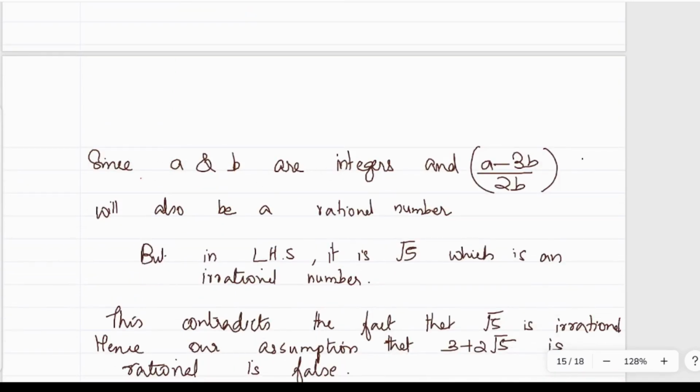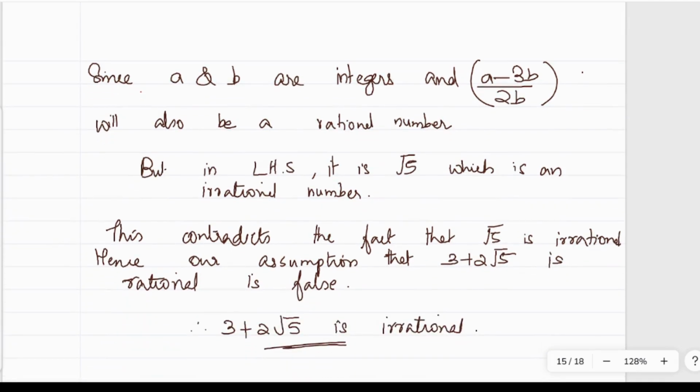Since a and b are integers, a minus 3b divided by 2b will also be a rational number. But in LHS it is root 5, which is an irrational number. This contradicts the fact that root 5 is irrational. Hence, our assumption that 3 plus 2 root 5 is rational is false. So if that is wrong, then 3 plus 2 root 5 is an irrational number. Clear?